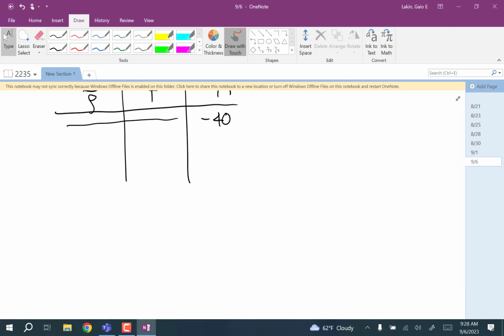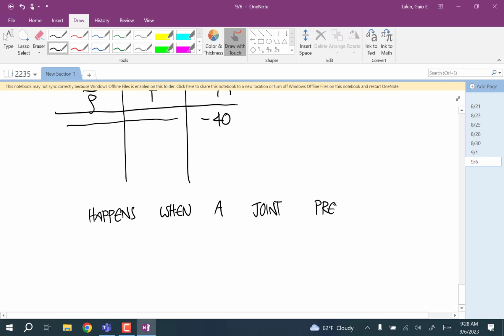So it happens when a joint prevents a rigid body from rotating.